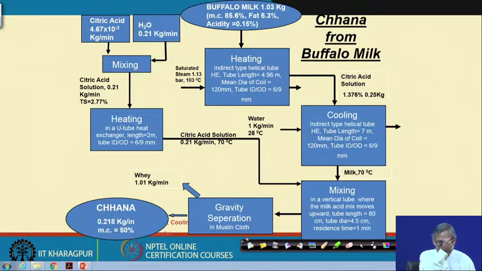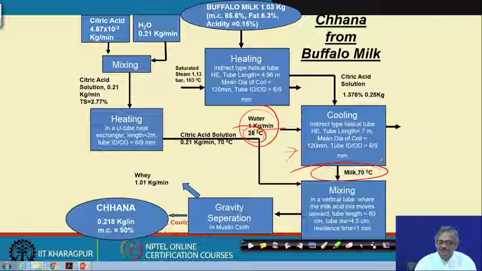There it is being cooled by water at a rate of 1 kg per minute with a temperature of 28 degrees centigrade, right. So now you have this cold milk, and the temperature of the milk comes to 70 degrees centigrade.